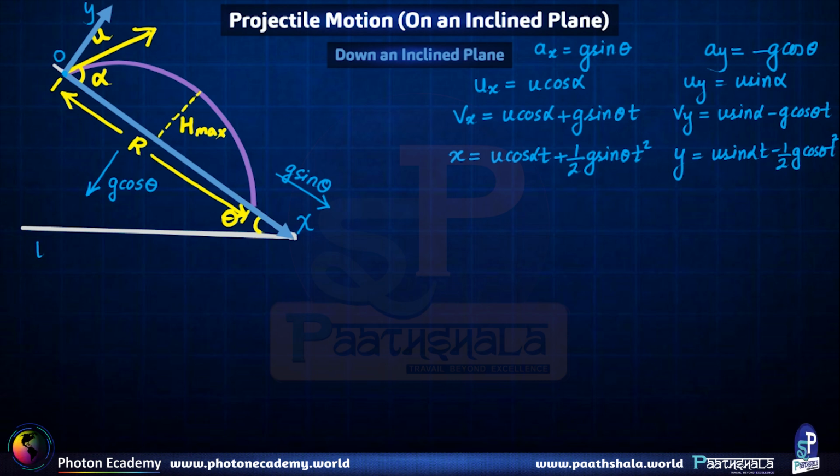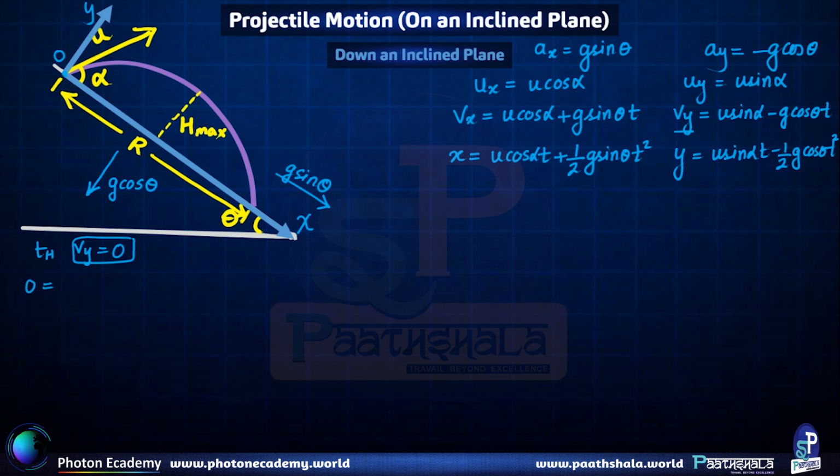Alright, so next we use similar logic and similar physical intuition as in the last case in order to first find time taken to reach maximum height. What was the logic that we used? Simply the fact that Vy equal to 0 at maximum height. So we use the equation Vy equal to 0, which is this equation. We use u sine alpha minus g cos theta t, and we put it equal to 0.